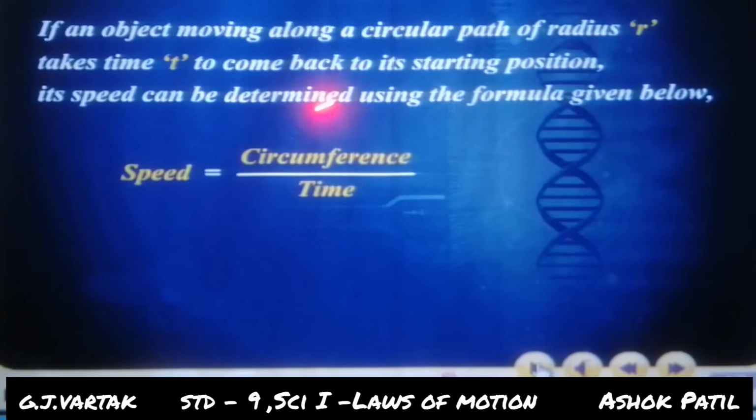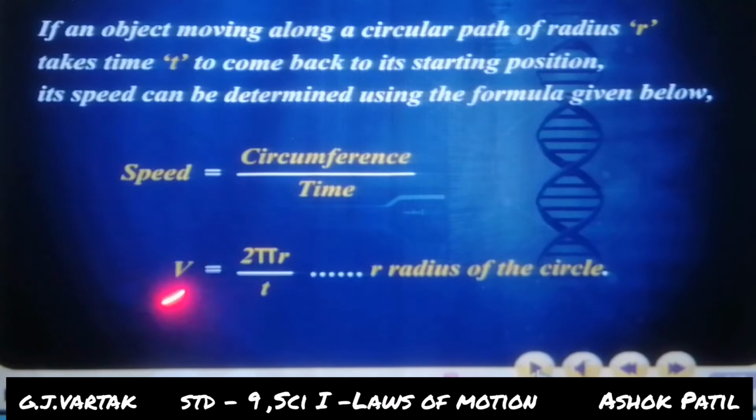Circumference, you know that we knew the formula of circumference. What is the formula of circumference? Okay, 2 pi r. Circumference is 2 pi r. Speed v is equal to 2 into pi into r upon t.